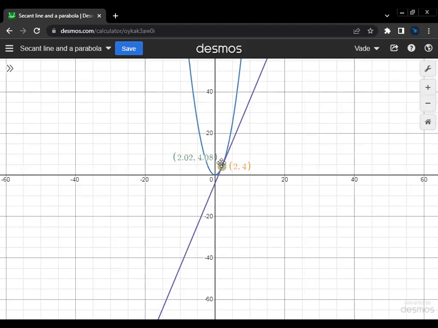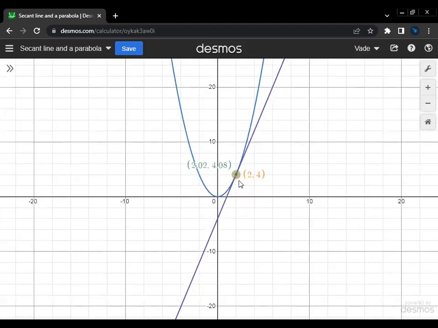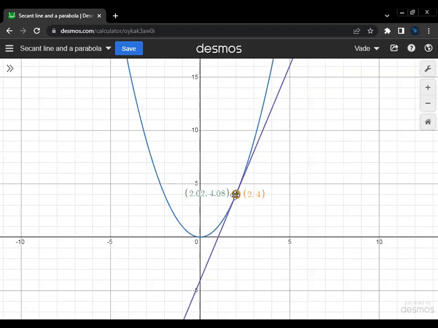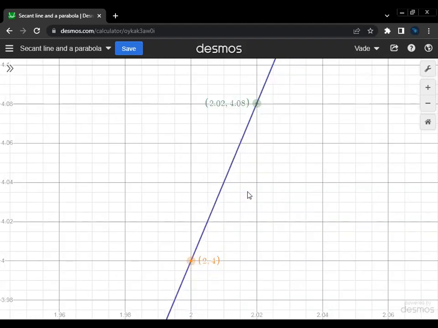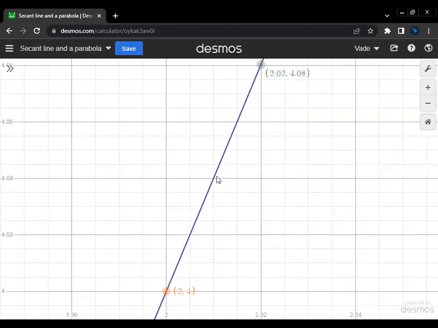It looks like a tangent line because it has one point of intersection. But when we zoom in further and further and further, the points are actually this far apart. You get me?